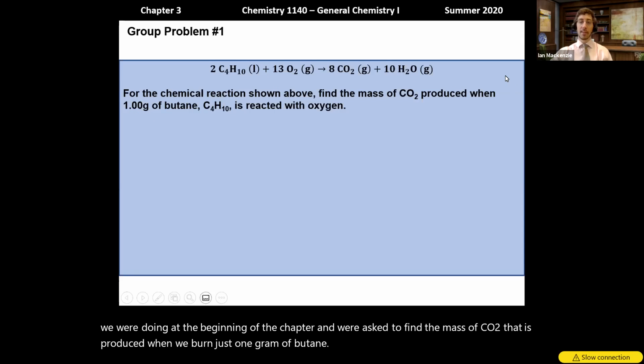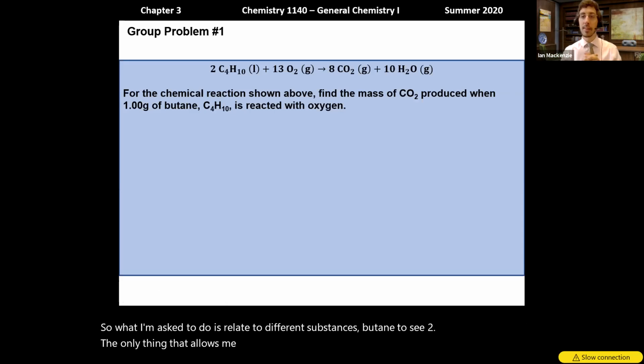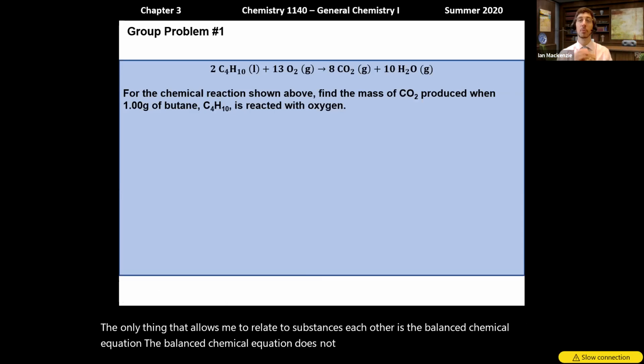So what I'm asked to do is relate 2 different substances, butane to CO2. The only thing that allows me to relate 2 substances to each other is the balanced chemical equation. The balanced chemical equation does not relate masses to each other, it relates moles. So I have to follow my process.